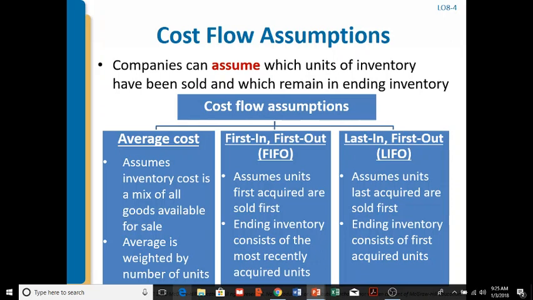First in, first out assumes the first items acquired are the items that are sold first. Ending inventory consists of the most recent items purchased. Last in, first out is just the opposite of first in, first out. It assumes that the units last acquired are sold first, and that the ending inventory consists of the items that were first acquired.